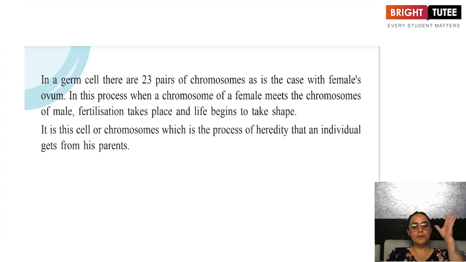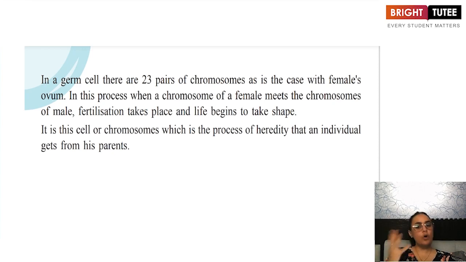So when the female chromosome meets the male chromosome, this process leads to fertilization and a new life begins inside the ovaries of a female human body. What happens in this process, in the fertilization process?